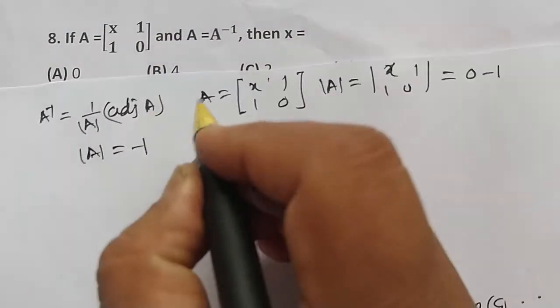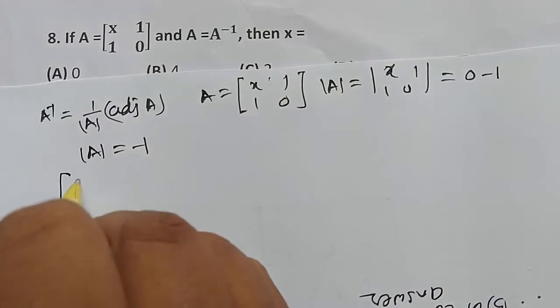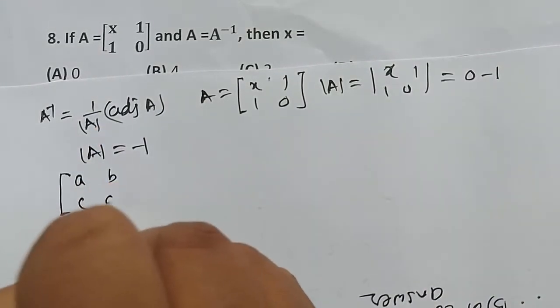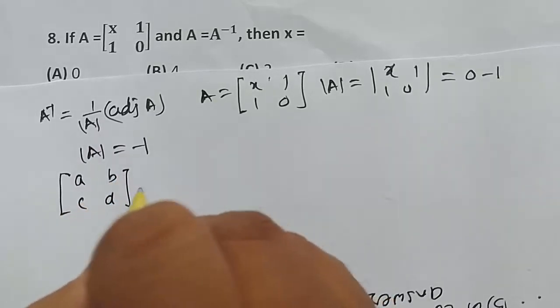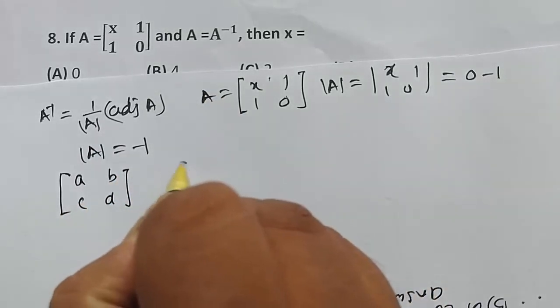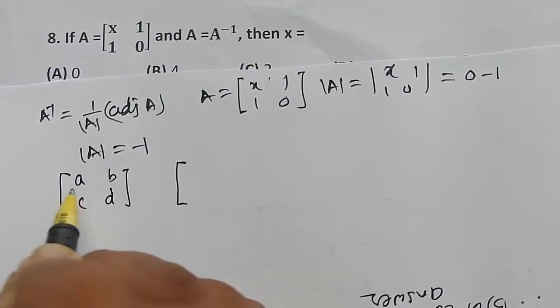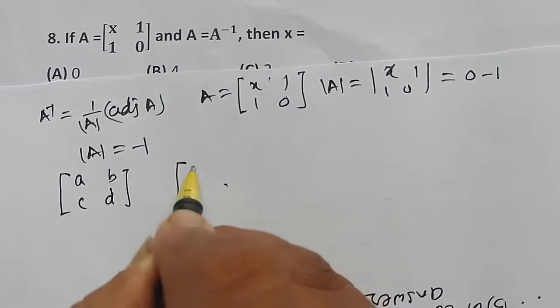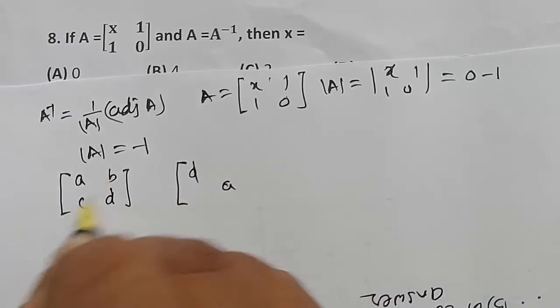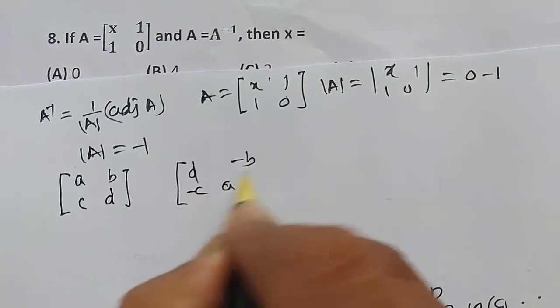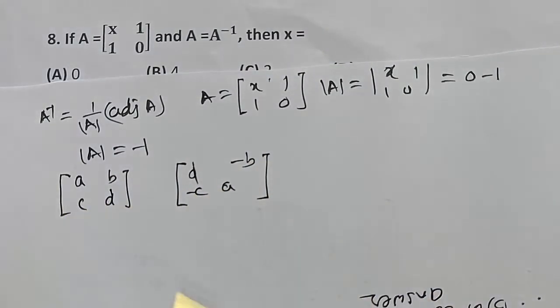Now if it is a square matrix of order 2, [a b; c d], then its adjoint is given by interchanging the diagonal elements, that is d, a, and changing the sign of the non-diagonal elements, that is minus b, minus c. So this is the adjoint of a matrix.